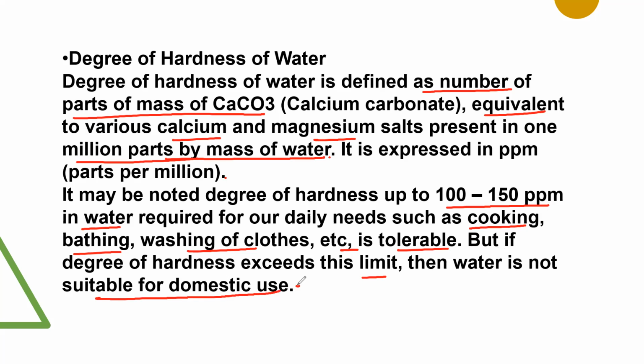So how to calculate the number of parts by mass of calcium carbonate in a given water sample? 1 mole of calcium carbonate is 40 plus 12 plus 16 times 3, which is 48, equal to 100 grams.